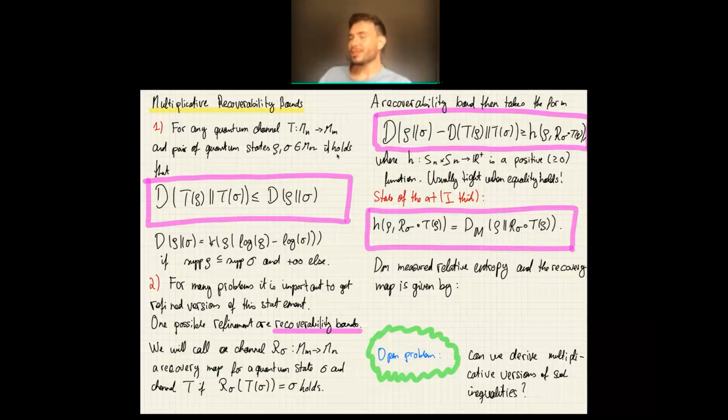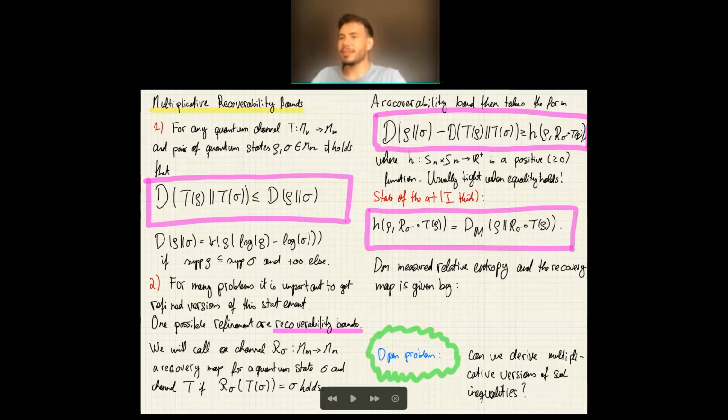Well, so what I wanted to talk about is the following problem. Probably most of the audience know about recoverability bounds. So let me start with some very basic stuff, namely the data processing inequality, which you probably already know by heart.